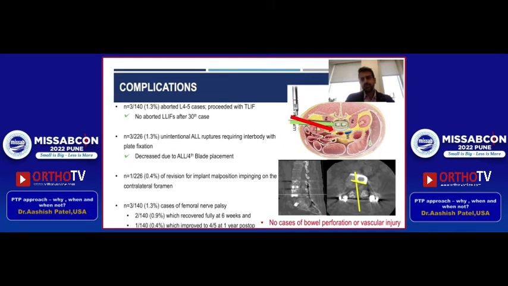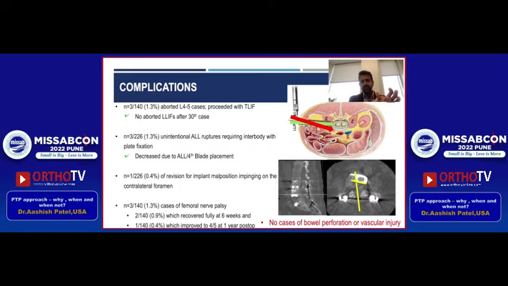There were 3 cases in which we aborted the lateral in our first 30 cases and transitioned to a TLIF instead. There were 3 cases in which we ruptured the ALL, all within the first 30 cases as well. This is because there's a tendency for the retractor to migrate anteriorly.